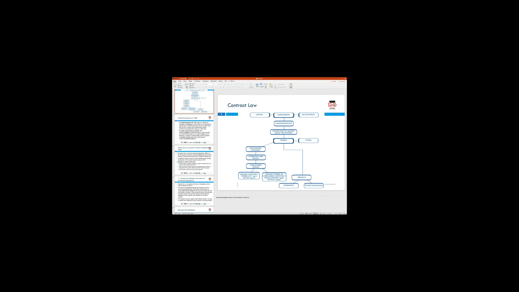So this is a brief about what contract law is and what we are going to be looking at, in a very micro understanding sense, a macro, bird's-eye view of what contract law is, what the elements of a contract are, how a contract is formed, and what the various regulations or acts are that we need to be aware of when we deal with contracts or when we are signing contracts.